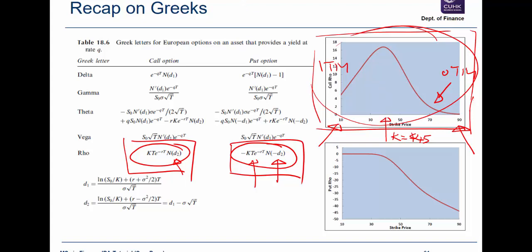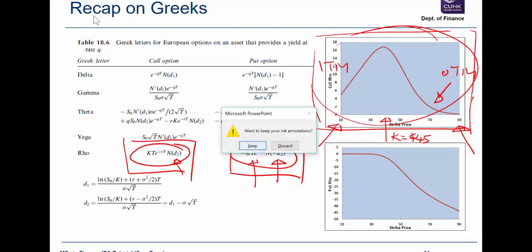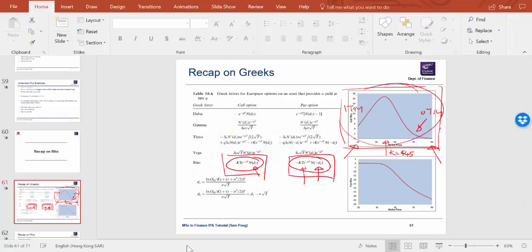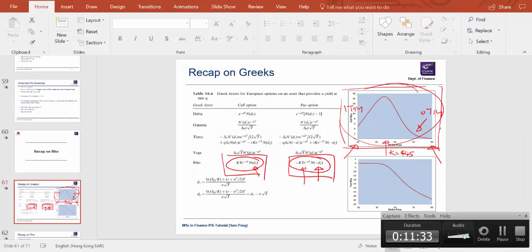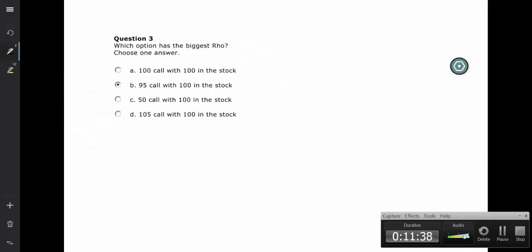And now if you look back at the question, let me go to the question now. There's an at the money option here. There's a slightly in the money one. Maybe we should not say near the money in this case, because near the money could be a 105 call, but it's slightly in the money, so here we should be precise.